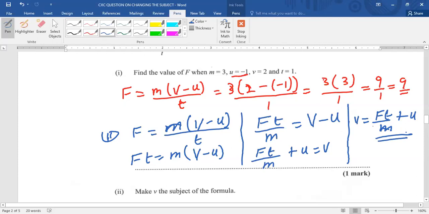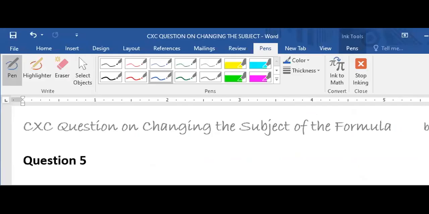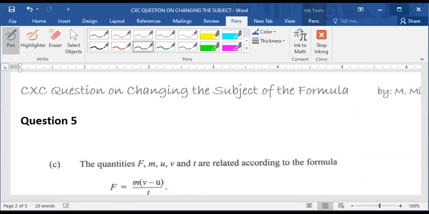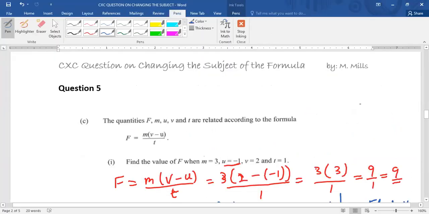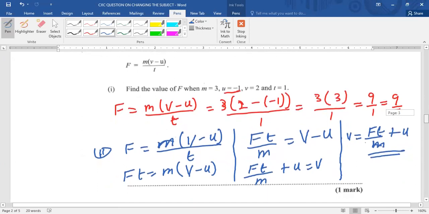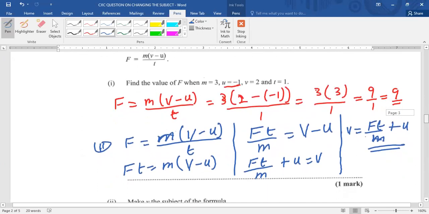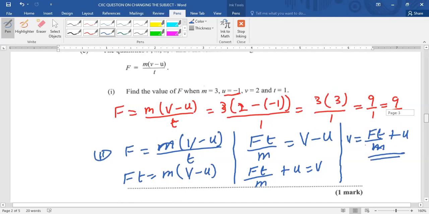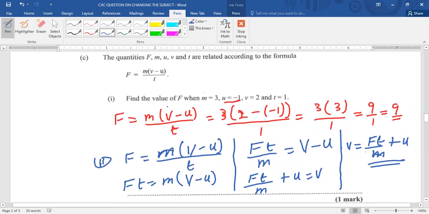Let's go over it one more time. Hold on, let me go over it one more time first. I just want to make sure everybody understands what I'm doing. First of all, in the first part you have been asked to substitute. We did that.